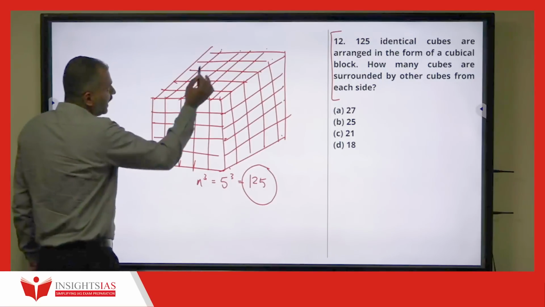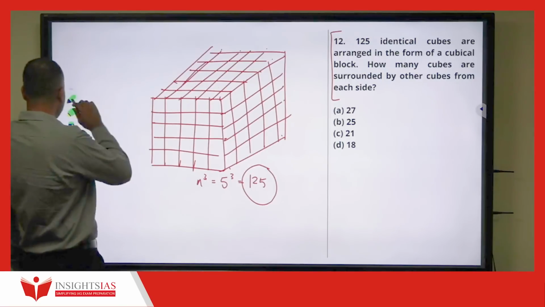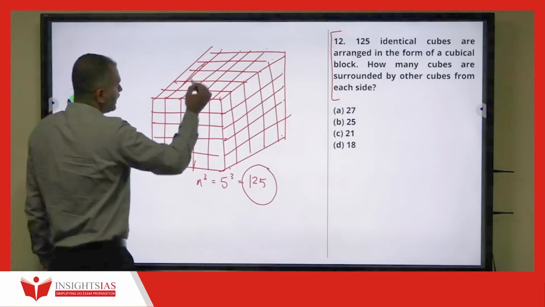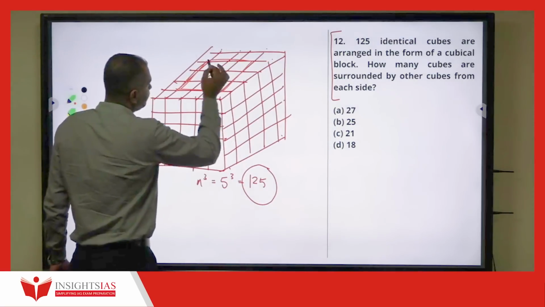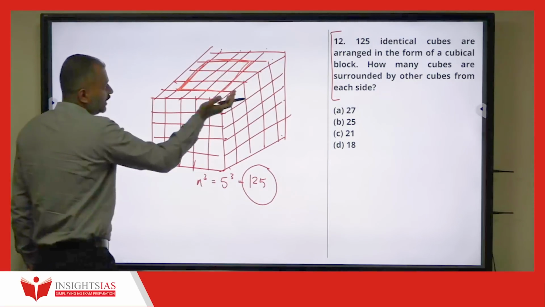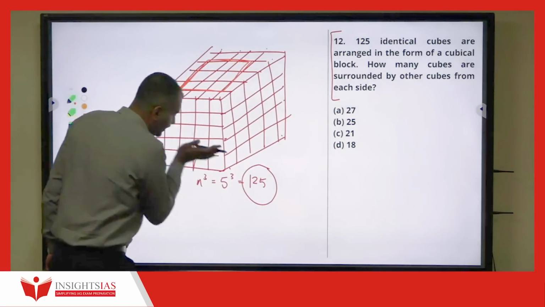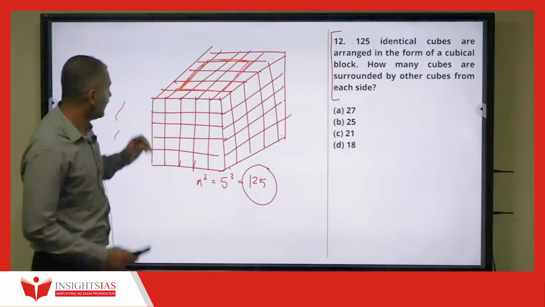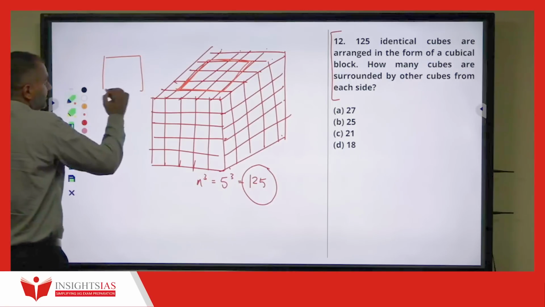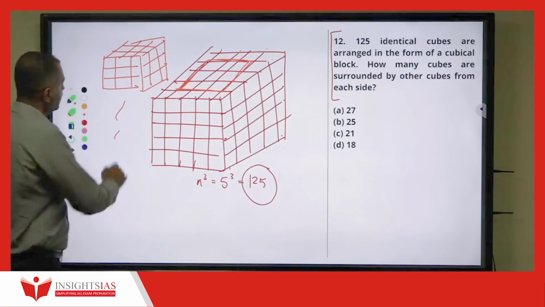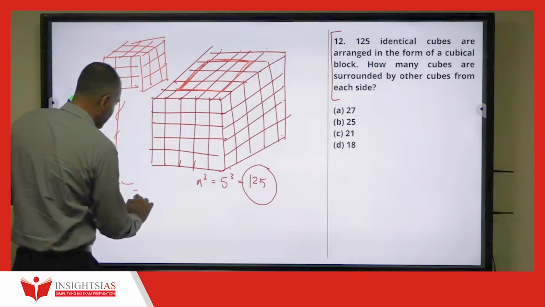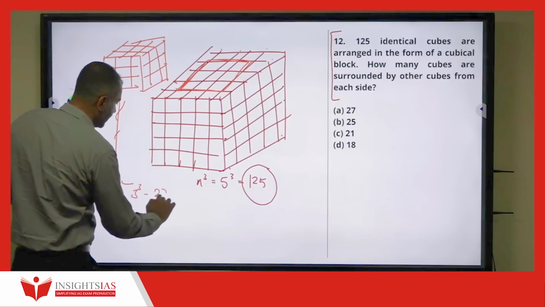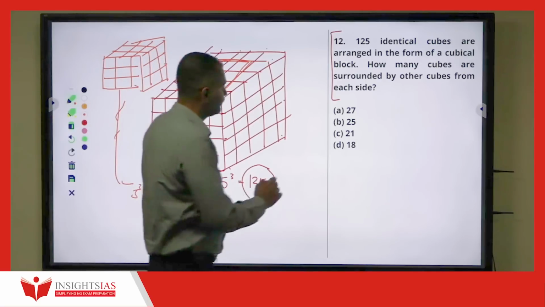If you remove this part and this part, and the above part, only this much will be left out. And that looks something like this, isn't it? In this format, we have only 3 cube, which is nothing but 27 cubes are there.